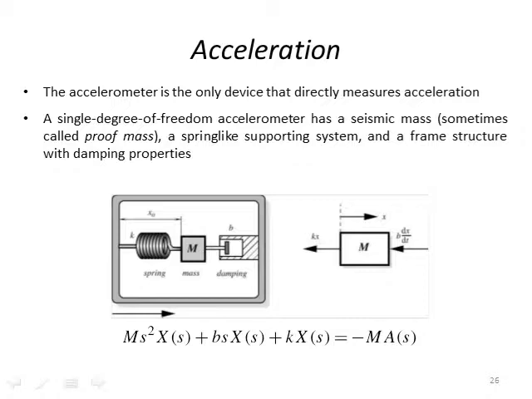The Laplace transform of this system is m s squared X(s) + b s X(s) + k X(s) = -m A(s), where A(s) is the Laplace transform of the acceleration. So the input to the system is this acceleration. The output is x.